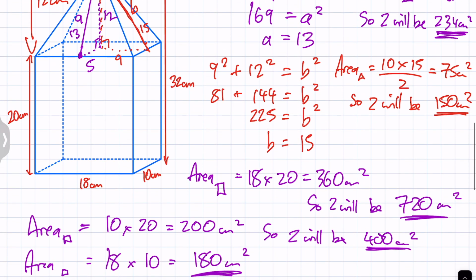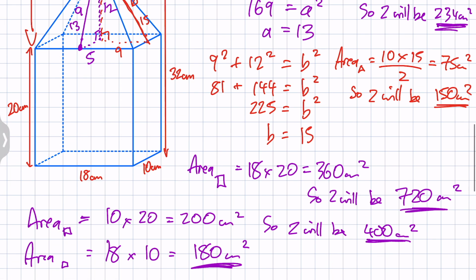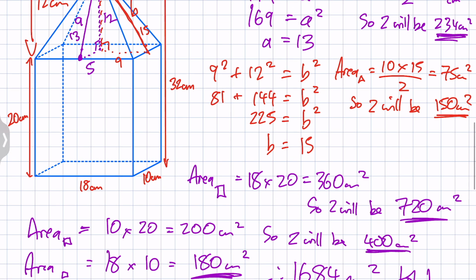We're going to have 234 plus 150 plus 720 plus 400 plus 180, 1684. Therefore, total. I'm going to leave that working up there. I'm going to stop the video so you can talk.